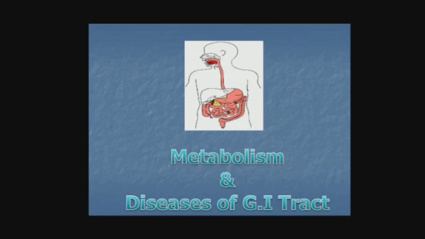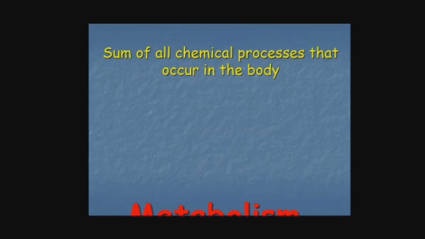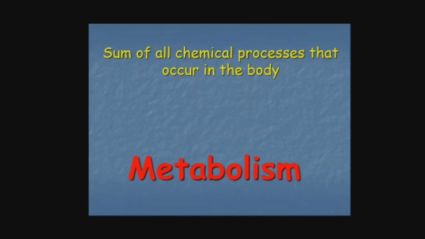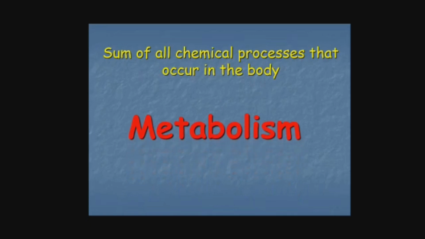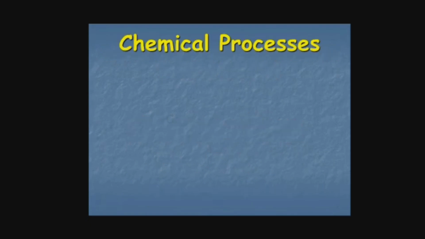Friends, the sum of all the chemical processes that occur in our body is called metabolism. Now friends, we will see in detail all the chemical processes which occur in our body.